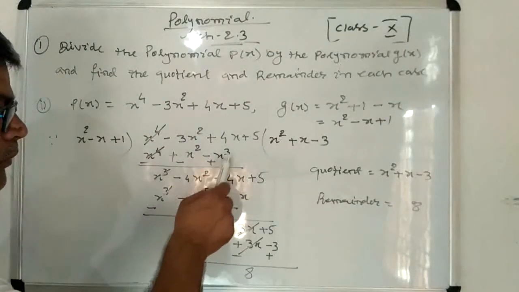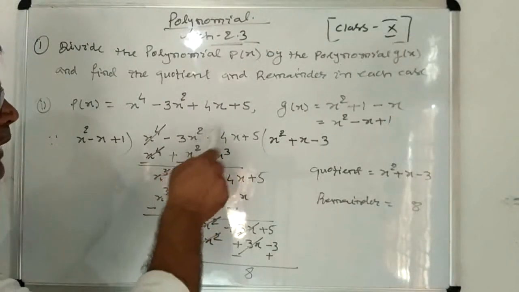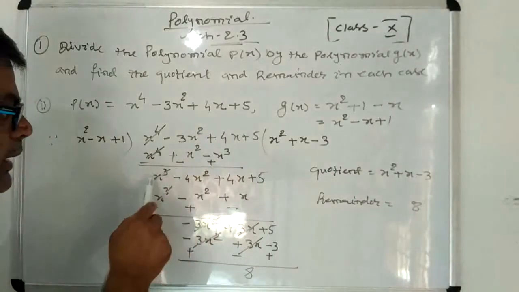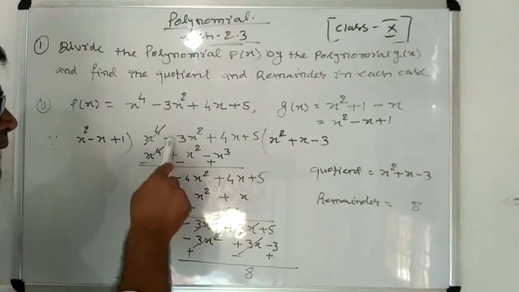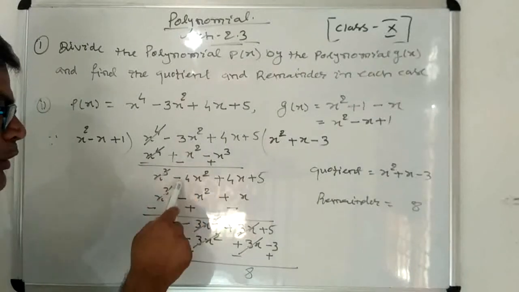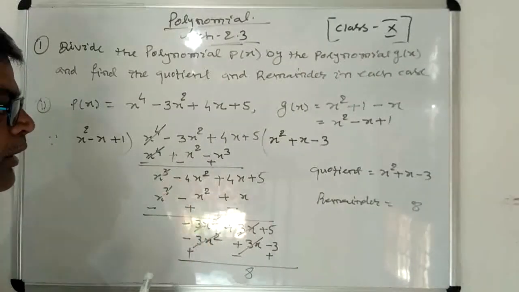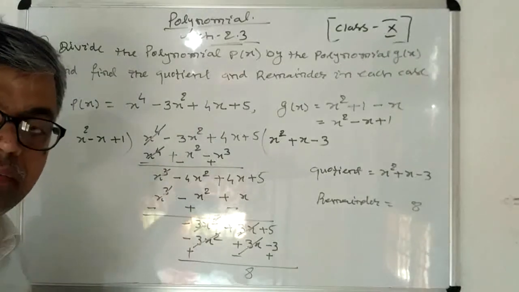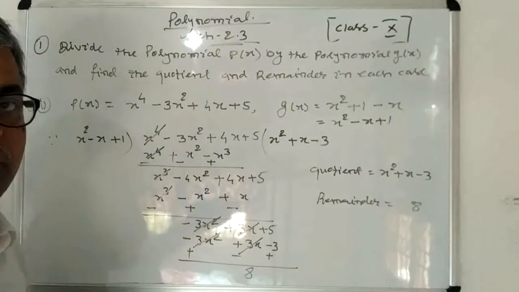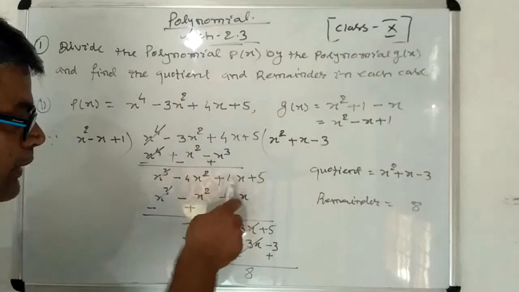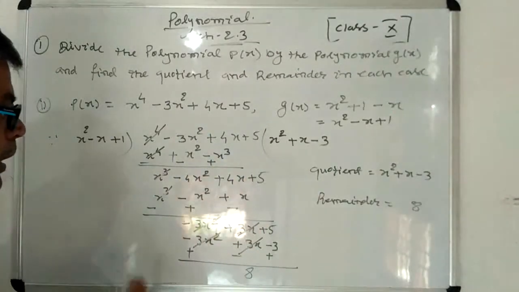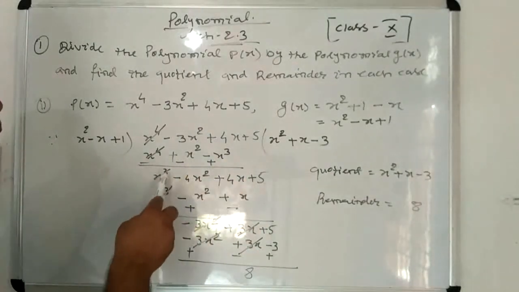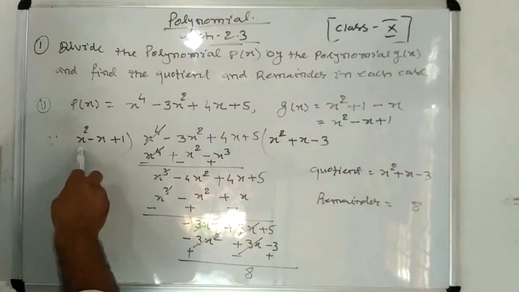And now x cube has no similar term upward, so we first write the x cube, and this minus 3x square minus x square will become minus 4x square, and bring down the remaining terms. In this division you can bring down one or more terms together. So plus 4x plus 5. Now we have to get x cube as the first term by multiplying the divisor.